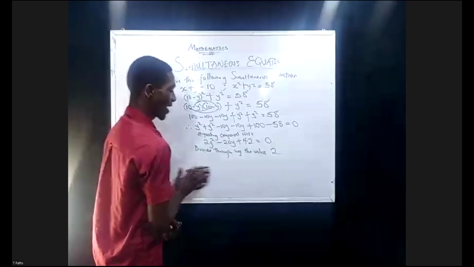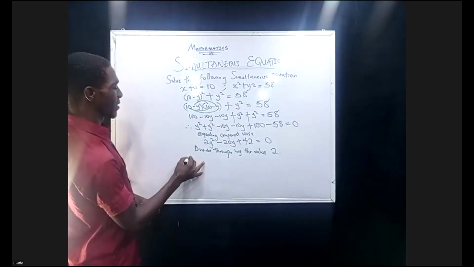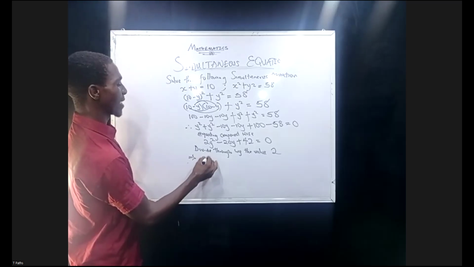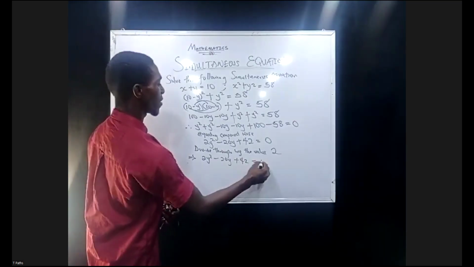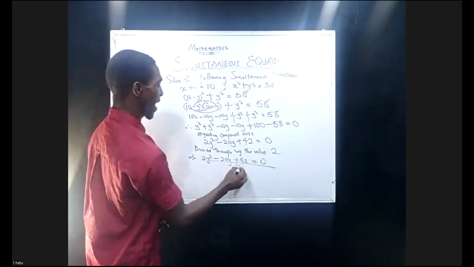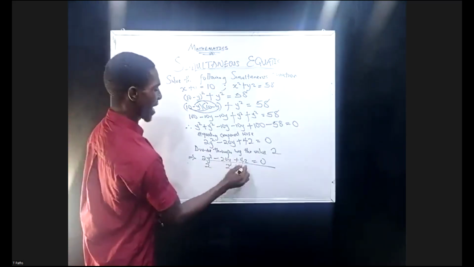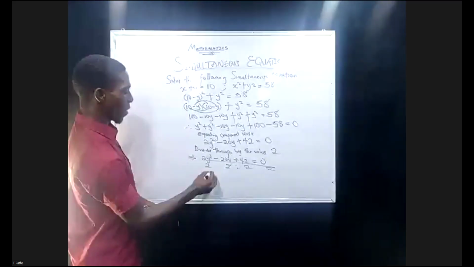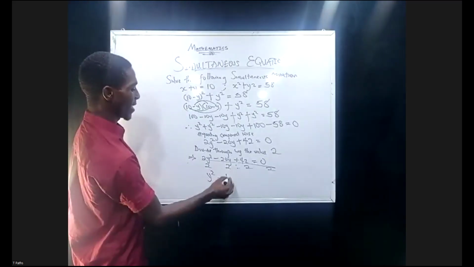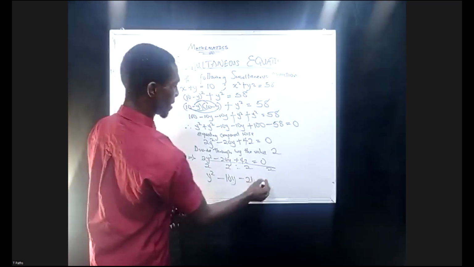Here we have 2y squared minus 20y plus 42 equals 0, everything divided by 2. So I have over 2, over 2, over 2, over 2. So here I have this to remain y squared, minus 10y, then this should remain 21, then this to remain 0.